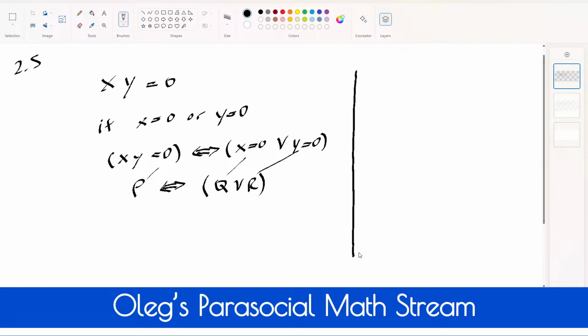So P can be true, P can be false. If you have P and Q, then there are 4 possibilities. When you go to R, there are 8 possibilities. So it's 2 to the power of n, where n represents the number of statements you're working with. In this case, P, Q, and R are 3, so n being 3, 2 to the power of 3 is 8.